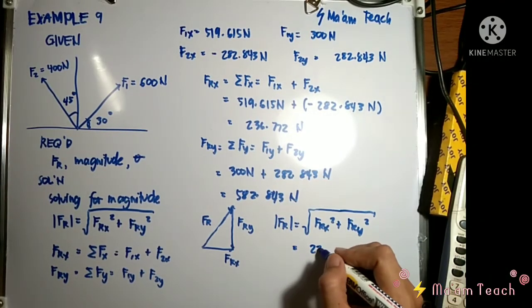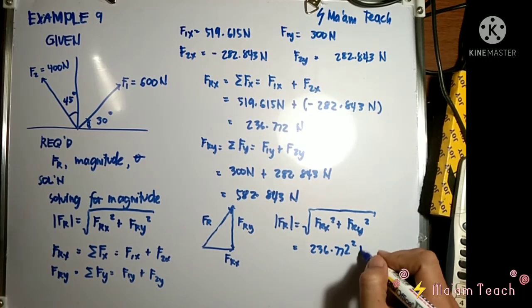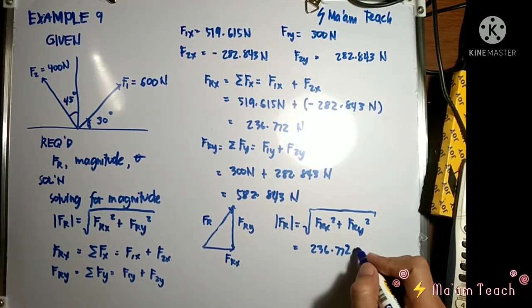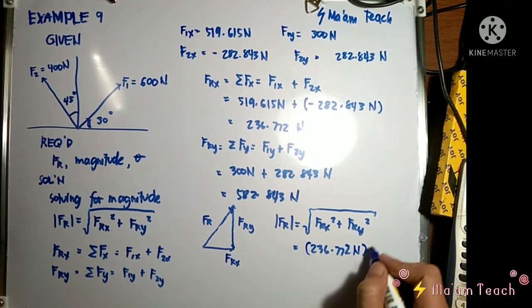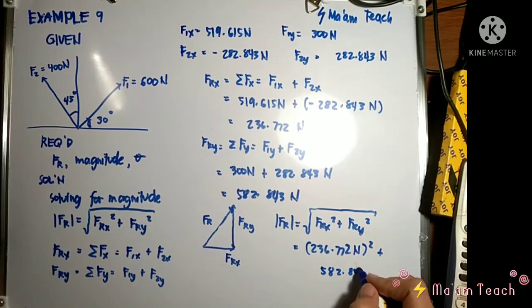Substituting, 236.772 squared, and don't forget the unit, plus 582.843 Newton squared.